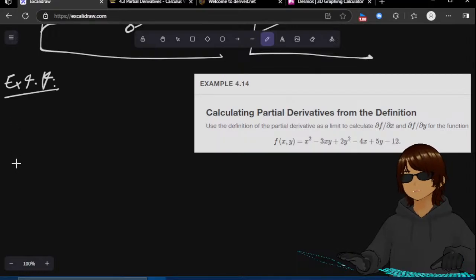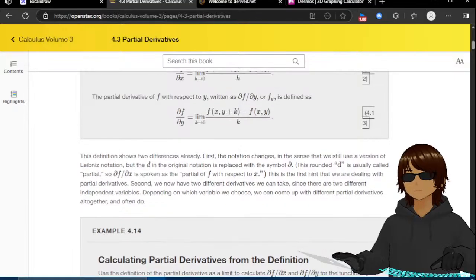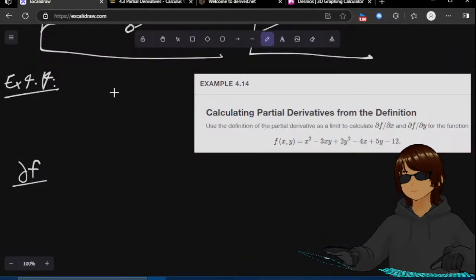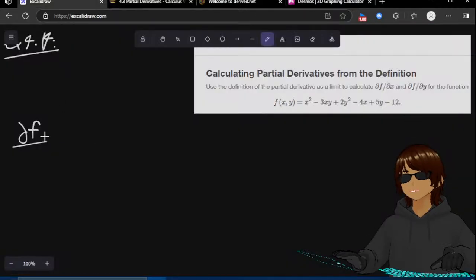Let's write it here. F over, what's the notation they use? Is it called delta? I don't think it's delta. I've been saying delta for so long. We differentiate only the x part, right?